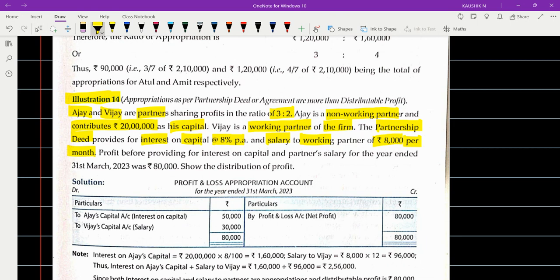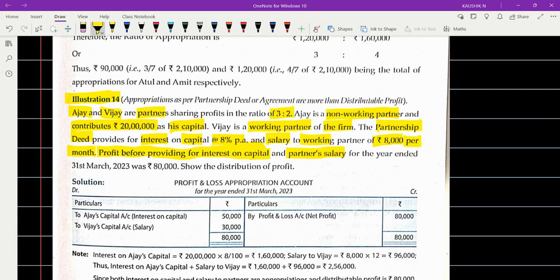They have given very clearly: profit before providing for interest on capital and partner's salary. That means these two are appropriations or charges. We have two items, salary and interest on capital. Are these two items a charge or an appropriation? Appropriation.